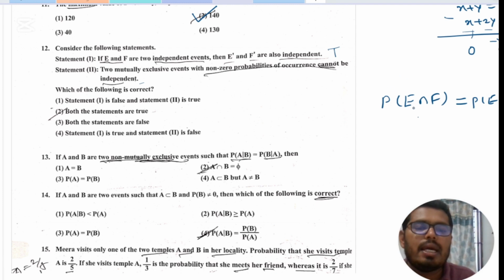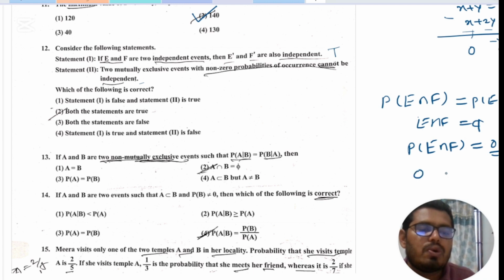This means their intersection is empty, so the probability of E intersection F is equal to 0. Therefore 0 is equal to P of E into P of F.